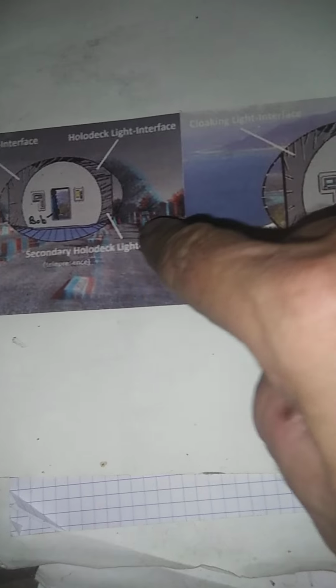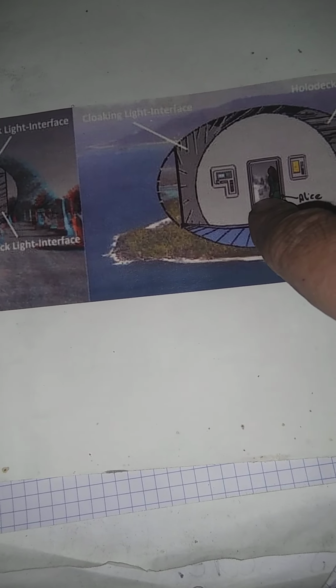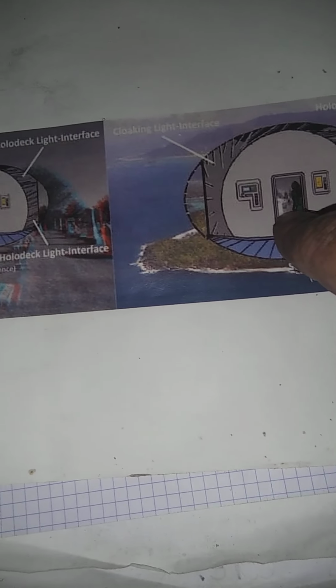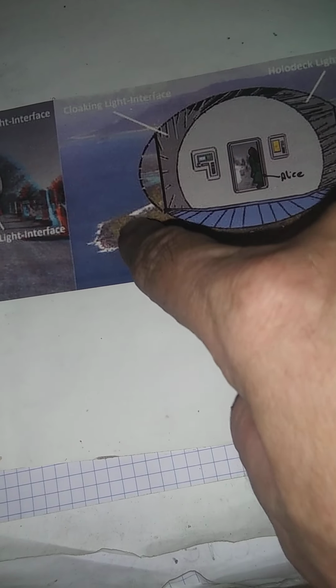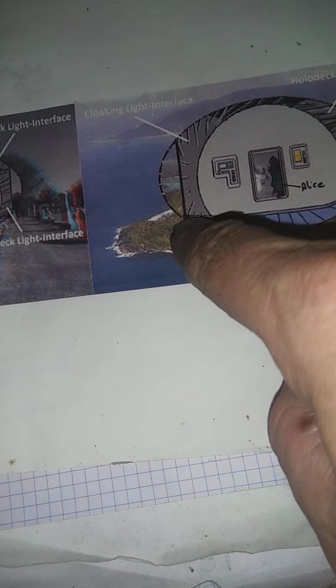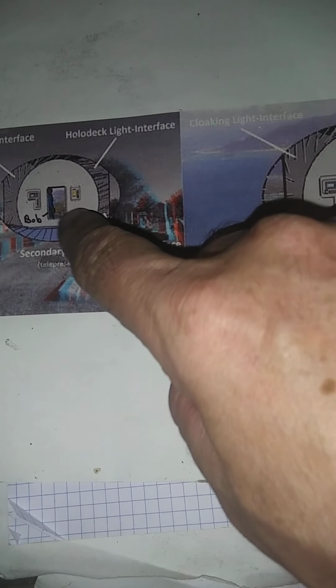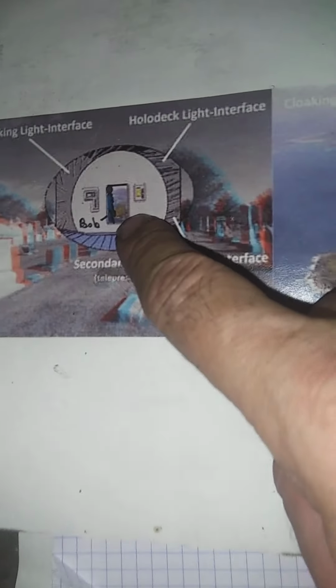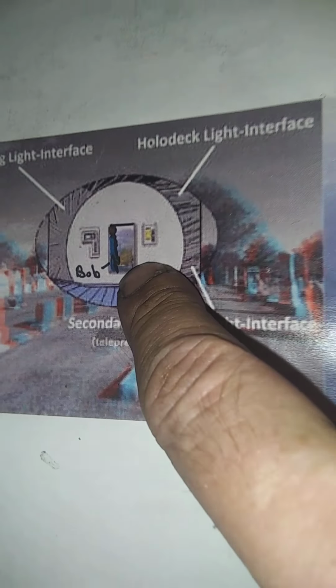Their invisibility, their cloaking shell, is inverted inside to be the holodeck of the other person's interior shell. And this outside invisible shell takes the light in and converts it to their holodeck. That's the islands and ocean and everything. And so these are the basic components.